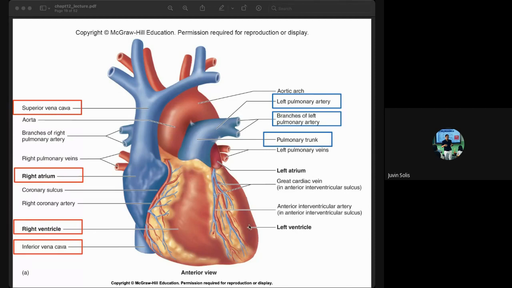Now your right ventricle, this one, portal of blood going to your pulmonary trunk. Si pulmonary trunk magi-split into two, magiging left and right arteries. Yung magiging connection niya. Tapos itong si left and right arteries or pulmonary arteries, siya na yung magkikarry ng blood away from the heart, going to the lungs. Okay?